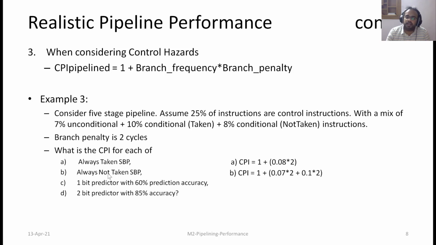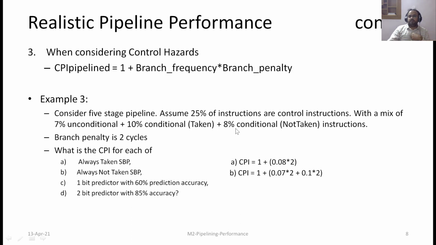The same thing if we look at the not taken static branch predictor. Here the 7% of unconditional branches, which will always be taken but will be predicted as not taken by our predictor, will result in hazards. In the same way, the 10% conditional branches which are taken would again result in hazards.